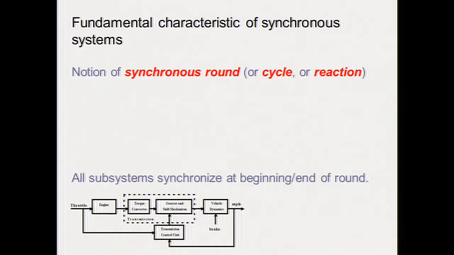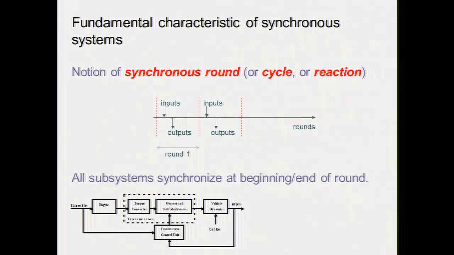Okay, so the fundamental characteristic of synchronous systems is this idea of a synchronous round, which is between one reaction index and the next, a round of computation, right? So for example, you start the round, you have inputs, outputs produced, and then you start the next round, inputs, outputs are produced, next round, inputs, outputs, and so on.